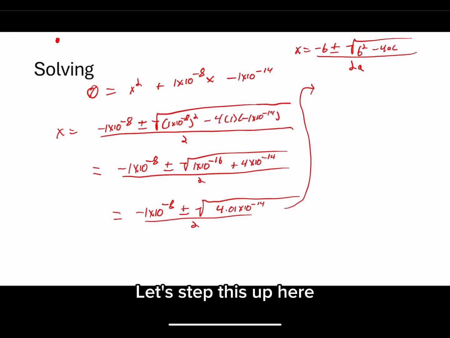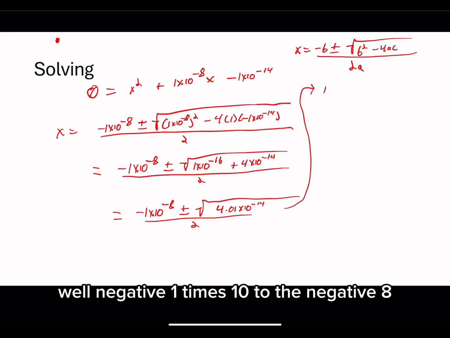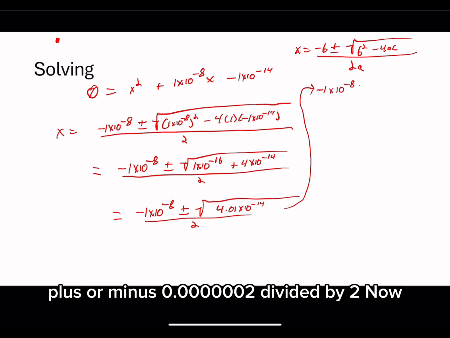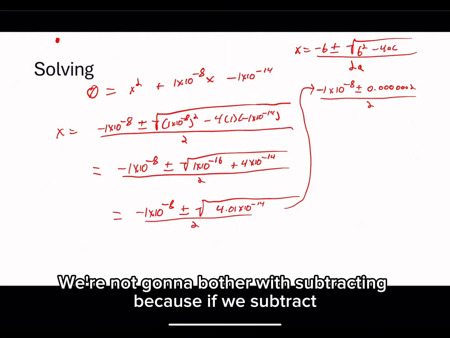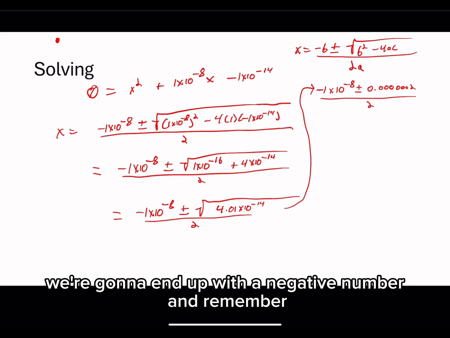Step this up here. So we have negative 1 times 10 to the negative 8 plus or minus 0.000002, divided by 2. Now we're going to add here. We're not going to bother with subtracting, because if we subtract, we're going to end up with a negative number.